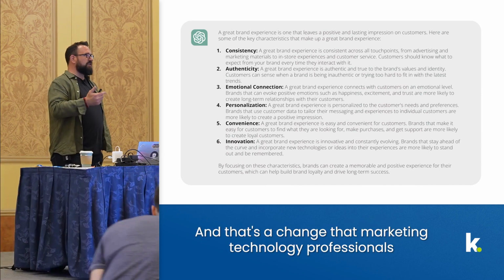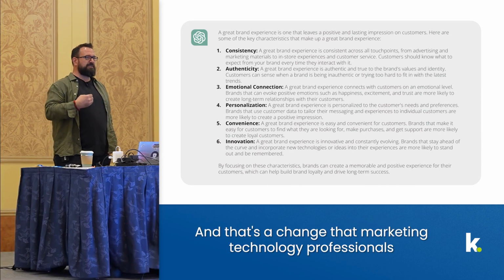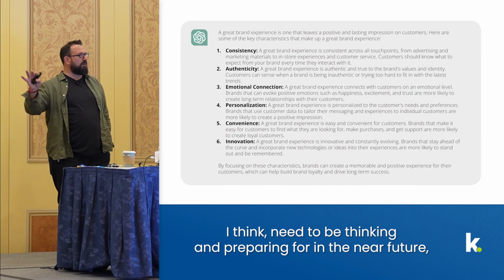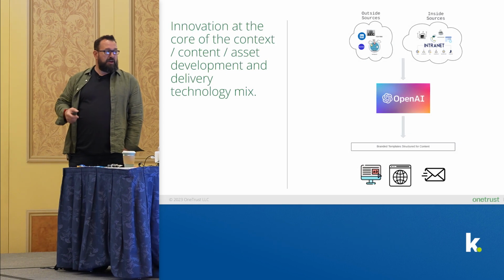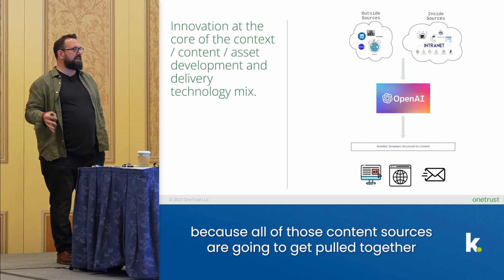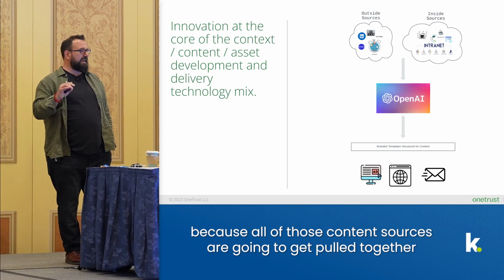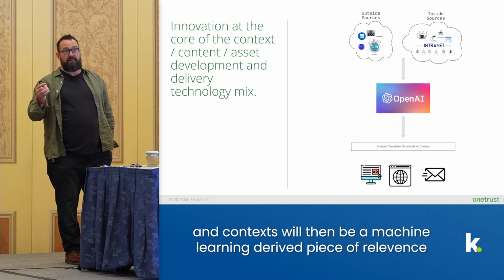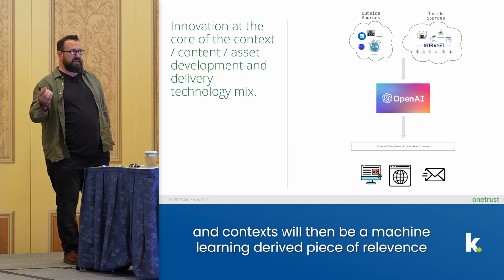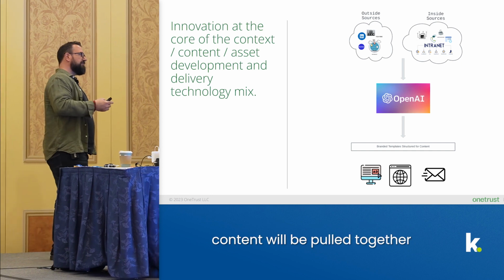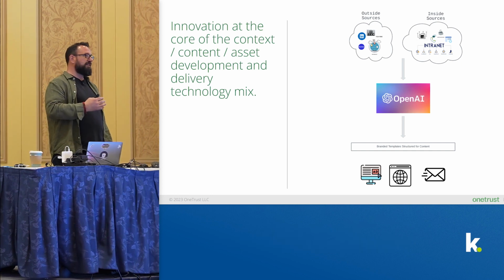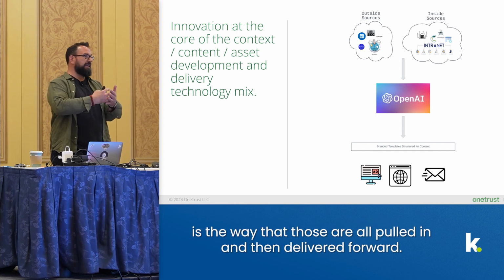And that's a change that marketing technology professionals, I think, need to be thinking and preparing for in the near future. Because all of those content sources are going to get pulled together, and context will then be a machine learning derived piece of relevance. Content will be pulled together, and that asset development framework is the way that those are all pulled in and then delivered forward.